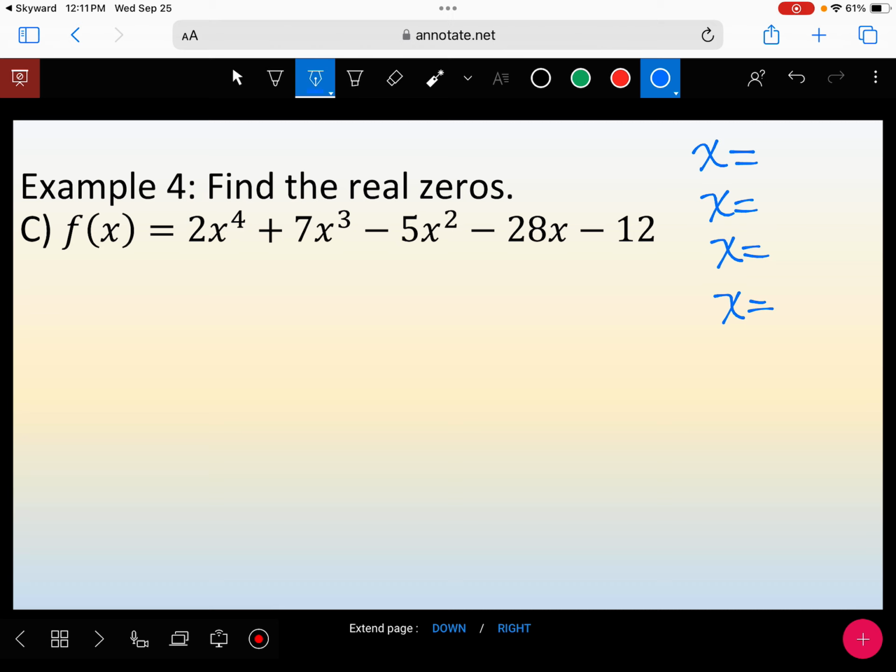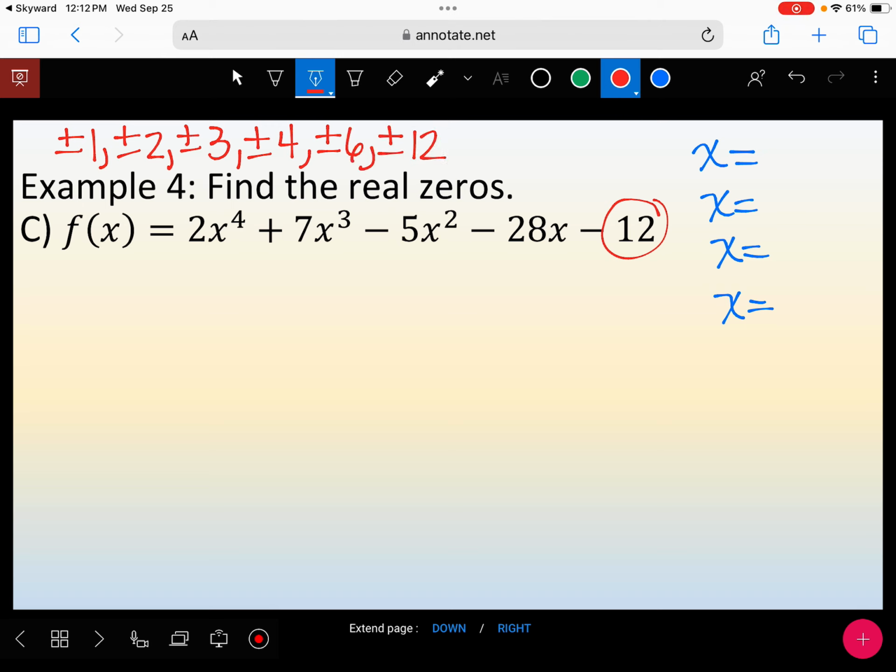So our possibilities are plus and minus 1. So we need all the numbers that will go into 12. So that could be plus and minus 1, plus and minus 2, plus and minus 3, plus and minus 4, 6 and 12.